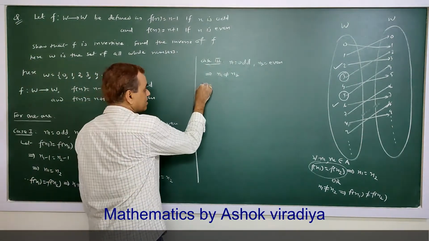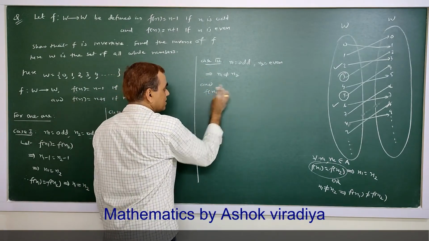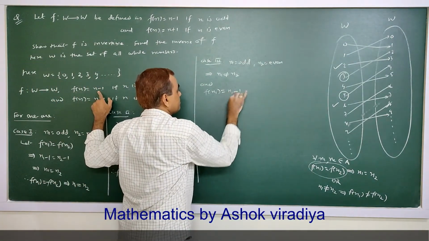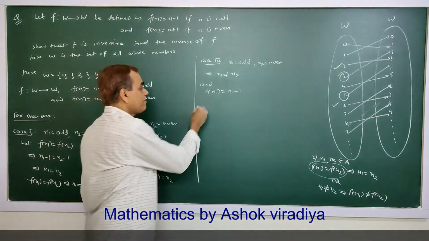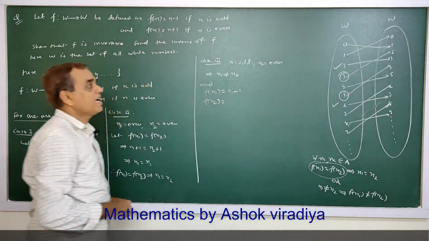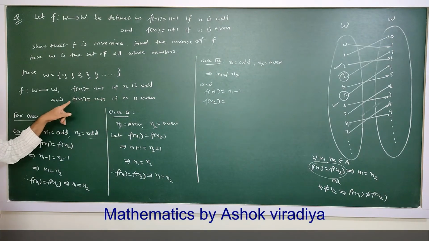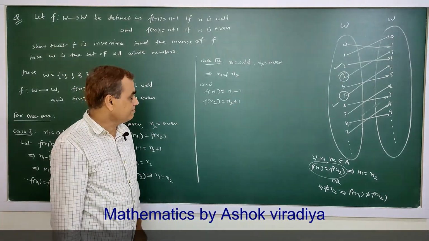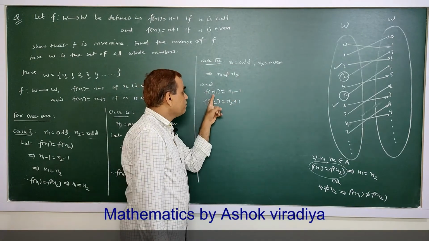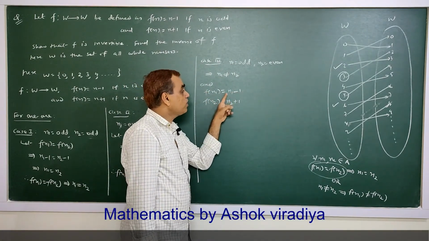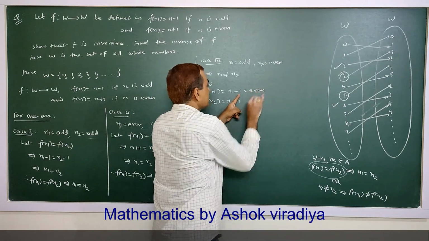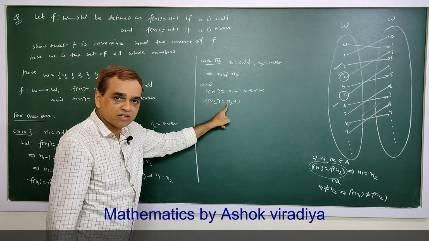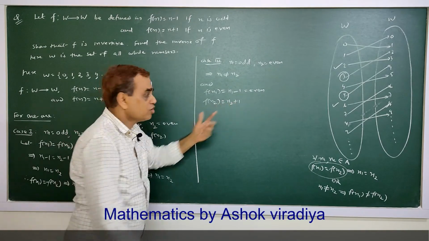So in this case, f of n1 is n1 minus 1, since n1 is odd. f of n2 is n2 plus 1, since n2 is even. Now n1 is odd, odd minus 1 is even. n2 is even, if you add 1 to an even number, that becomes odd.